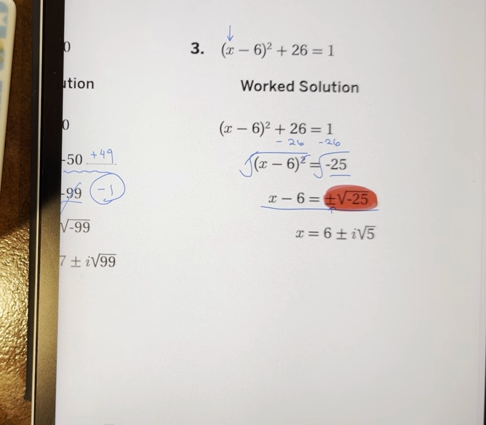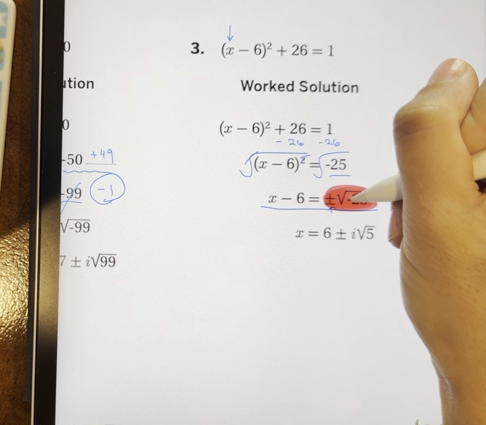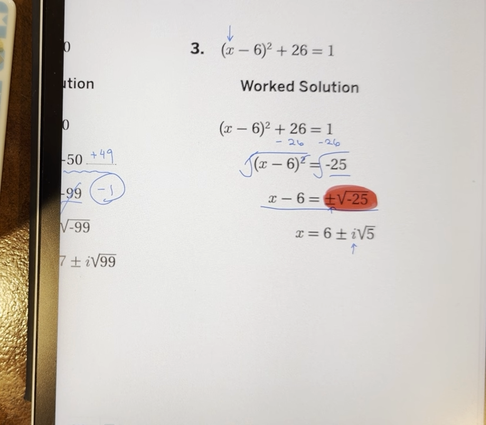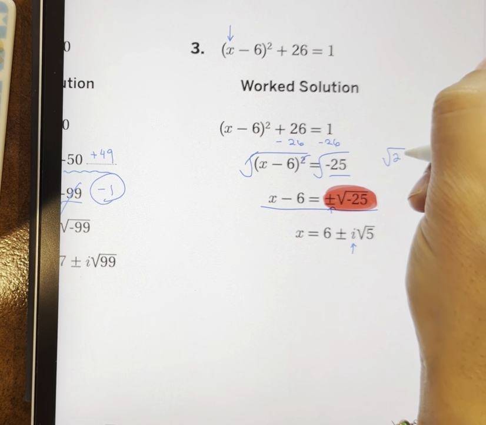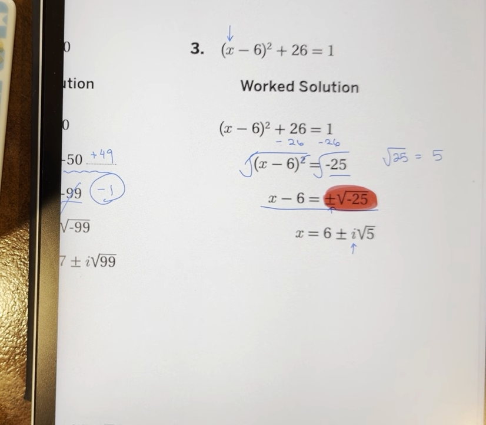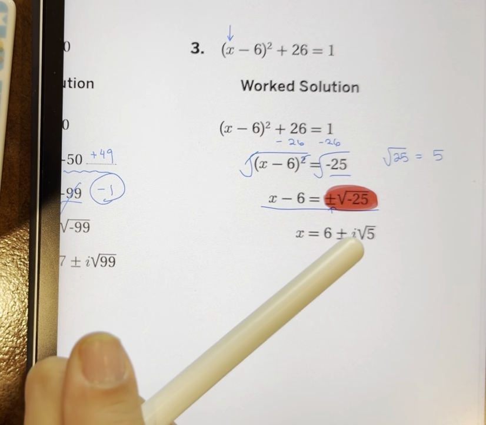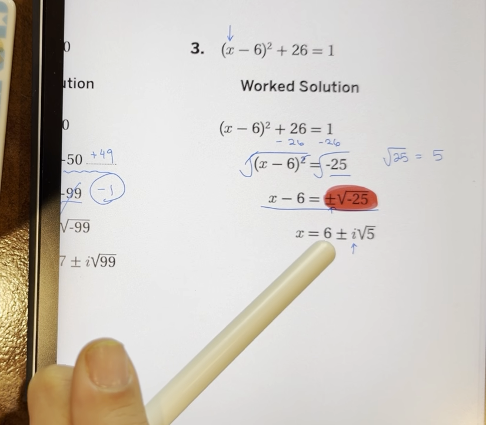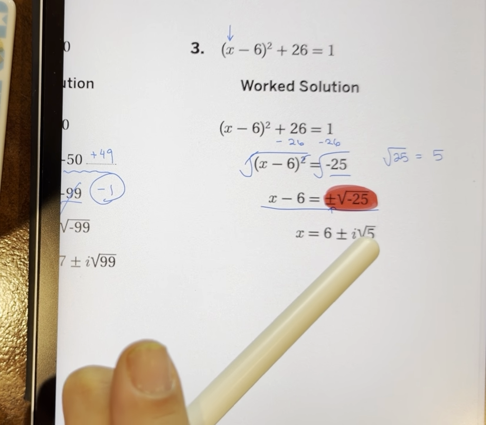Look what they did. They took the negative inside the radical, made it an i. Beautiful. All right. Then they square rooted the 25 and got 5. Then why is the square root still there? All right? Square roots don't just linger and keep square rooting your number.